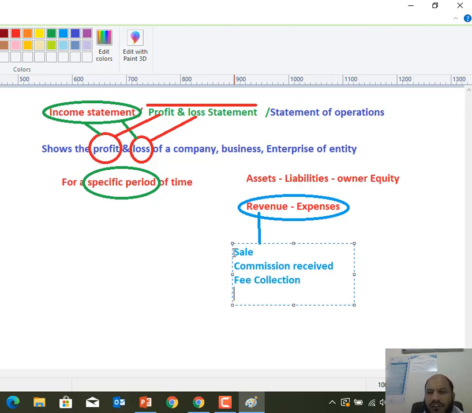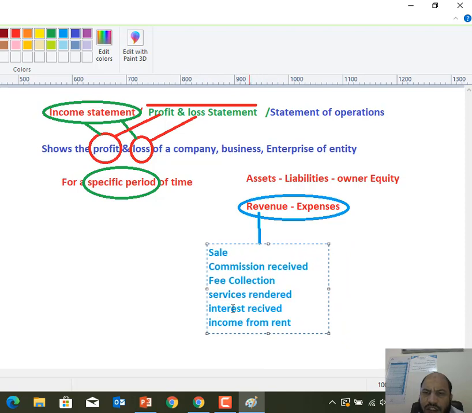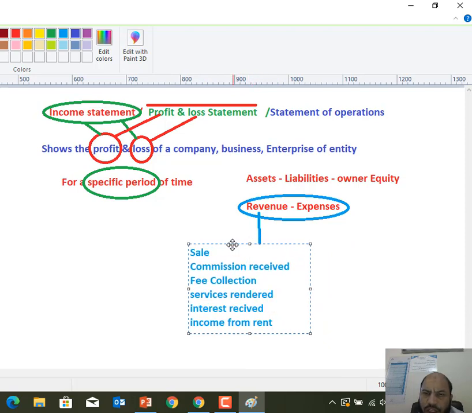It may be earning from services rendered. Different terminologies the company will use. These may be income from interest received. This may be, for example, the income from rent, etc. Different types of income sources are available. So we may say, dear students, that all of these are the revenue account.